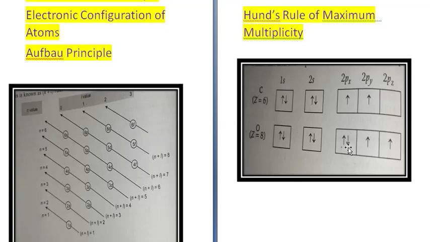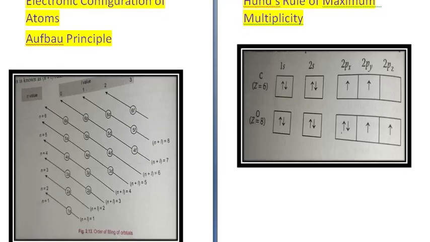So this is Hund's rule. It says that if there are orbitals having same energy level, every orbital will get one electron each with parallel spin, and after that only the pairing will take place with opposite spin. So you have to remember these when filling up orbitals with electrons.